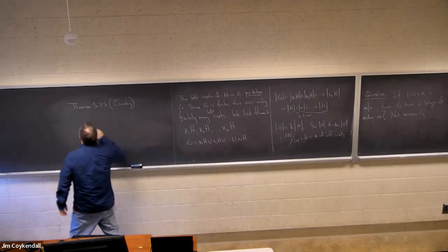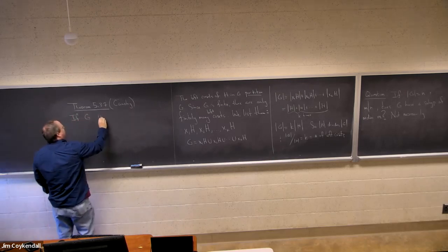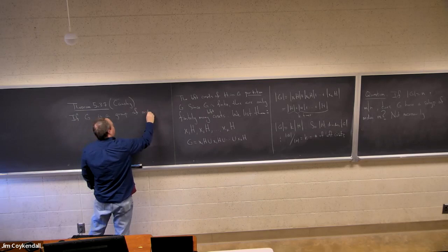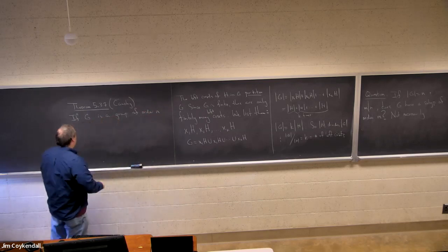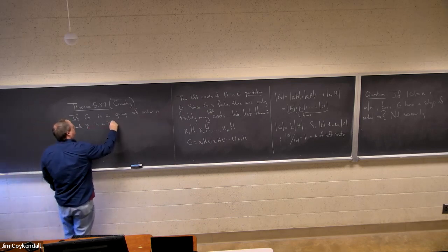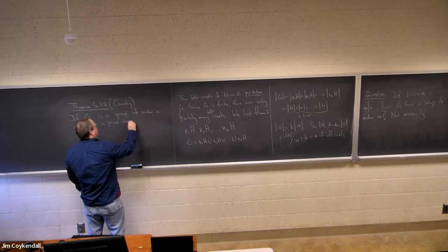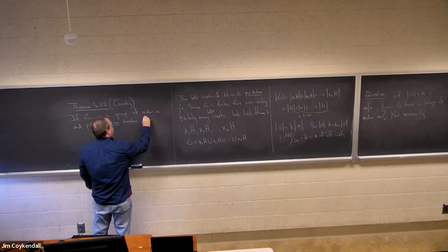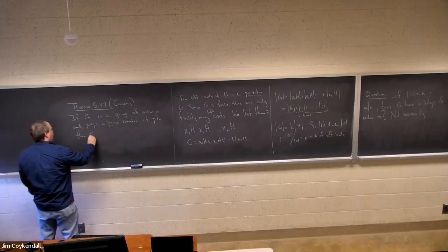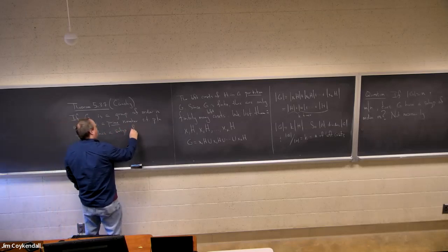If G is a group of order n and p is a prime number such that p divides n, then G has a subgroup of order p.